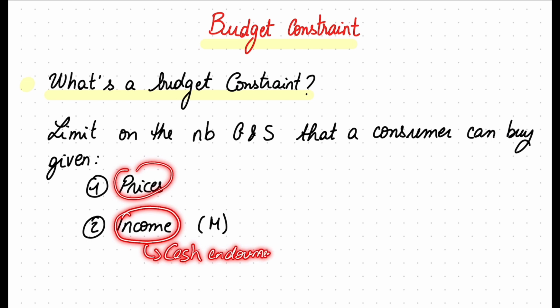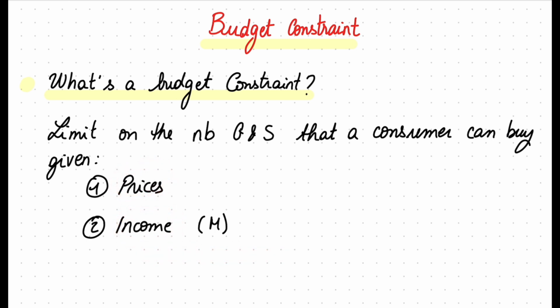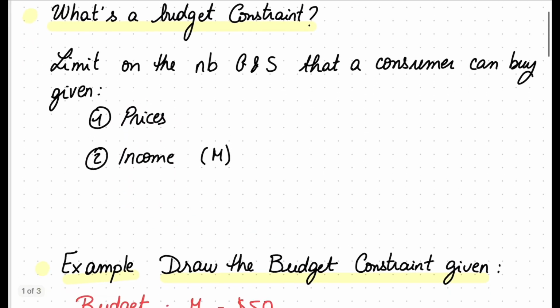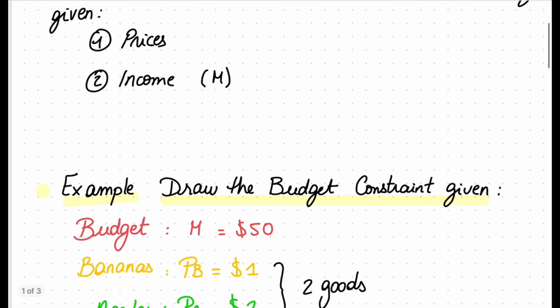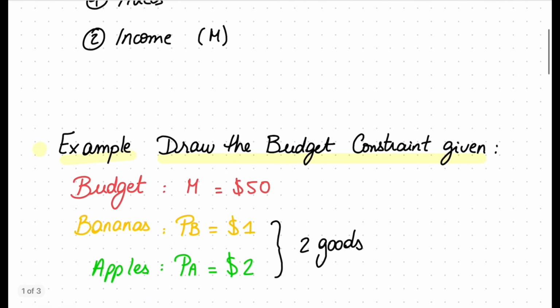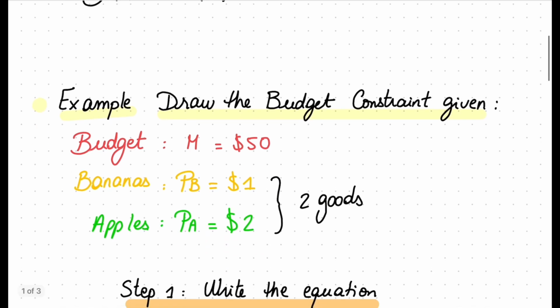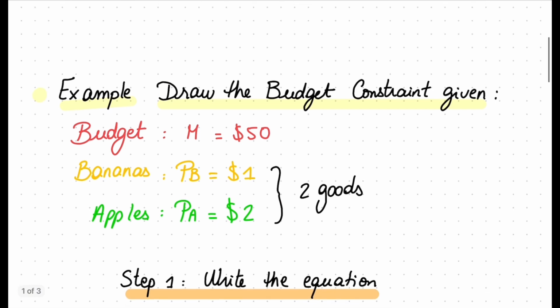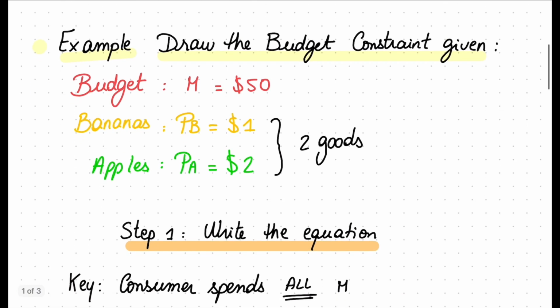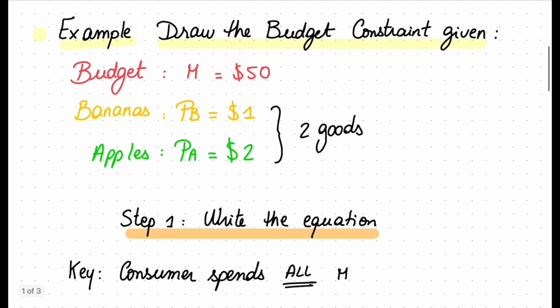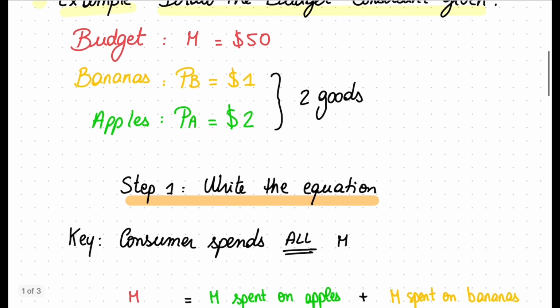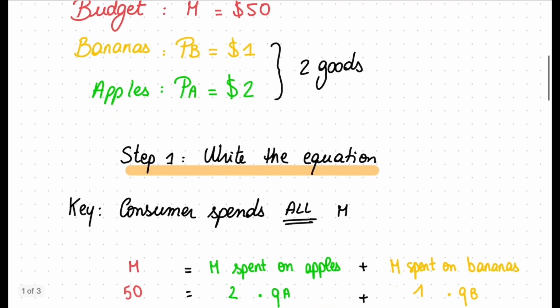So, now let's take an example to understand this. Suppose you have a budget M of $50. There are two goods available: bananas priced at $1, which we'll note as PB, and apples priced at $2, noted as PA. So, how do we write our budget constraint? How do we write this equation? So the key idea here is that the money that we have equals exactly the money we spend on apples and bananas.